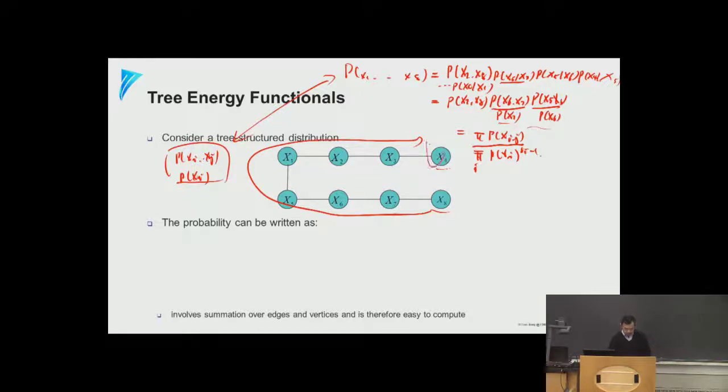But for these two nodes, because their degree is 1, when minus 1, then the power is 0, therefore they vanish. Okay, so that's a very useful way of defining the joint distribution on a tree, which is the product of pairwise marginals divided by the product of singleton marginals raised to the power of degree minus 1. That's the equation I want to use.